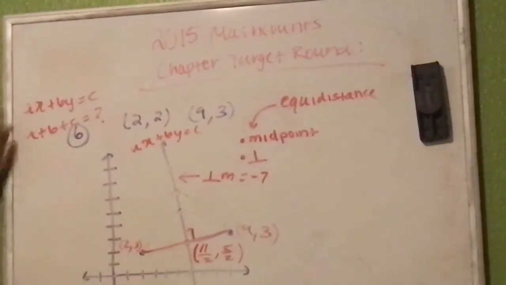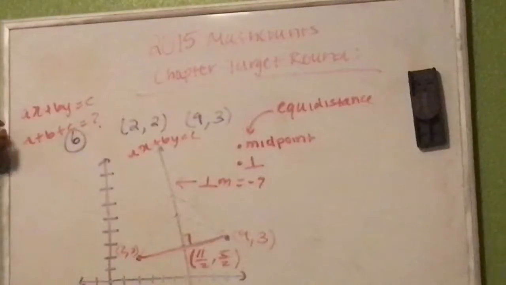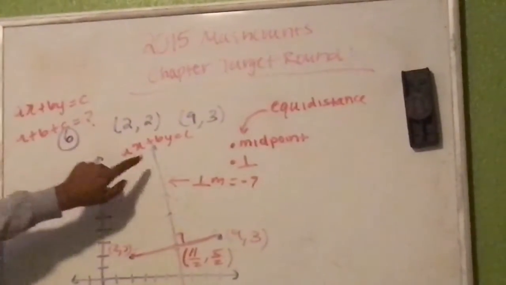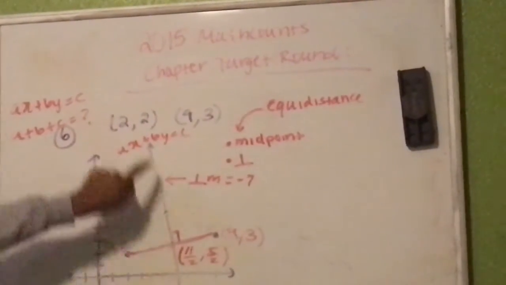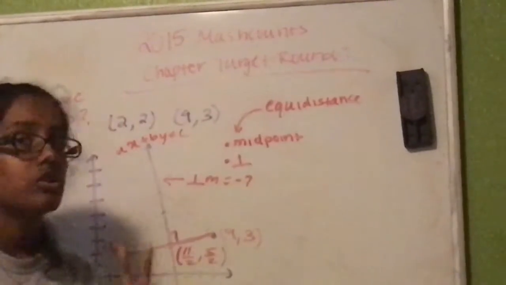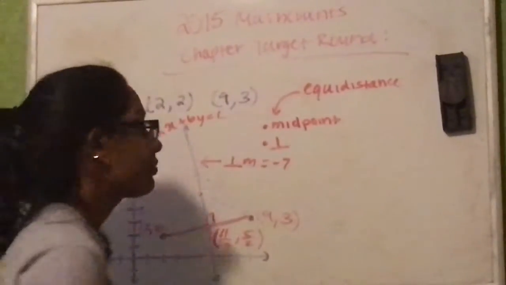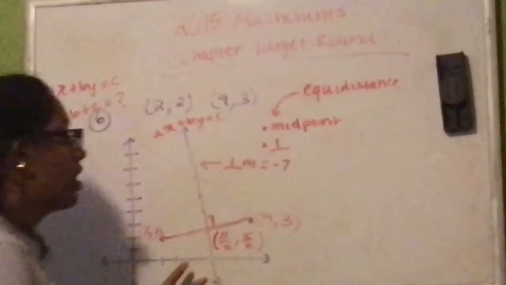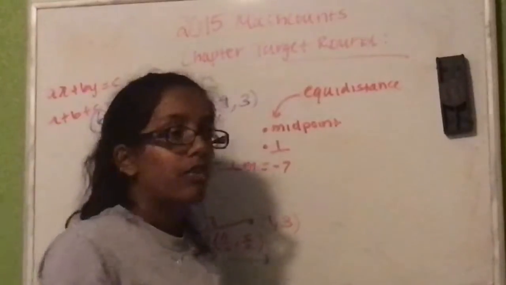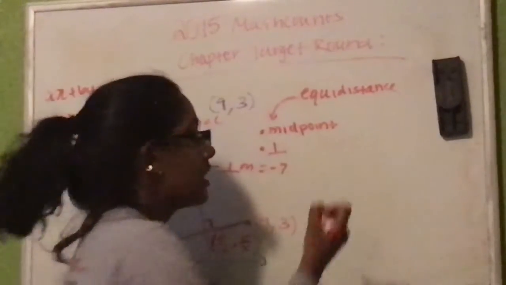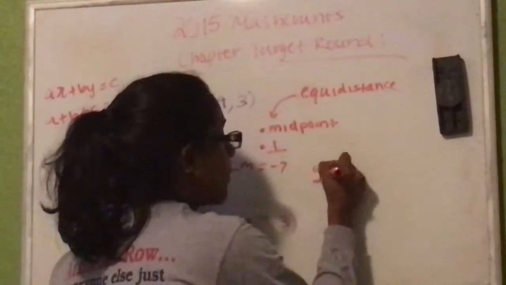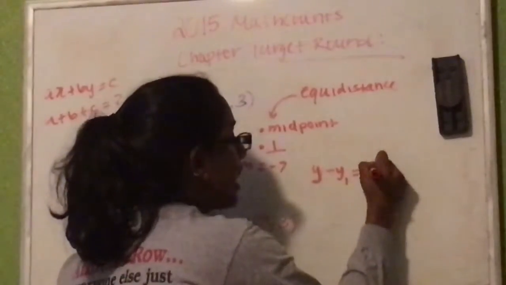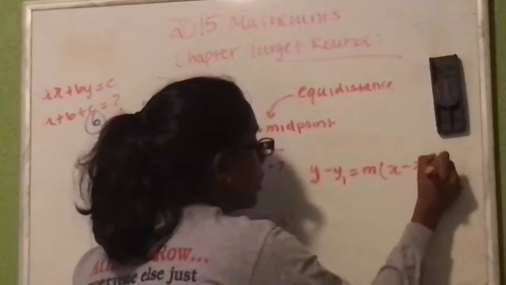The problem is actually asking us to find a, b, and c. To do that, we need to find the equation of this line. To find the equation, we need two things: the slope, and some point for the line to go through. Luckily for us, we have just solved for both of those. The point-slope formula is y minus y1 equals m times x minus x1.